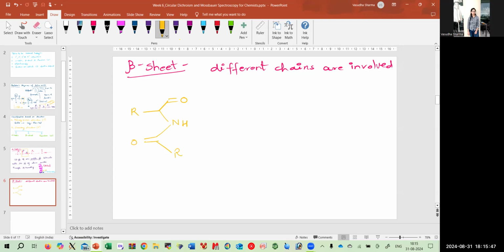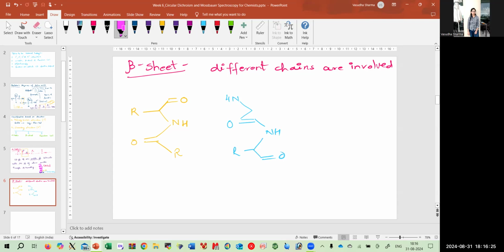And similarly, we have the other side, the second chain, NH group, and here it would be C double bond O group, and then NH, then R, and C double bond O. So and so forth.